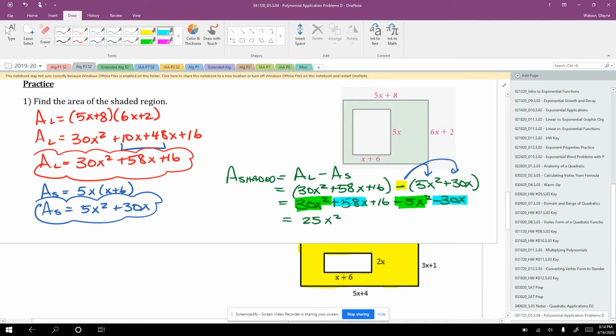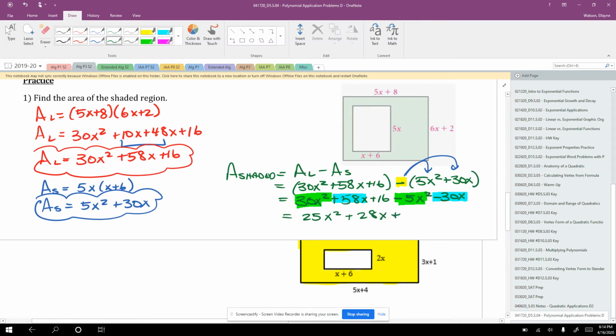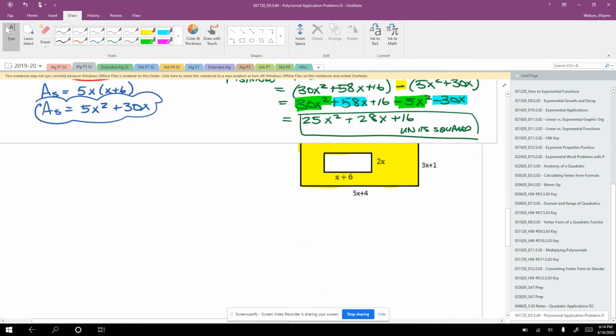These two are like terms, so I get plus 28x. And then I still have a constant of positive 16. So 25x squared plus 28x plus 16. I'll add on there just units squared. And hopefully you were able to get that on your own. Okay, let's move on to the next one.